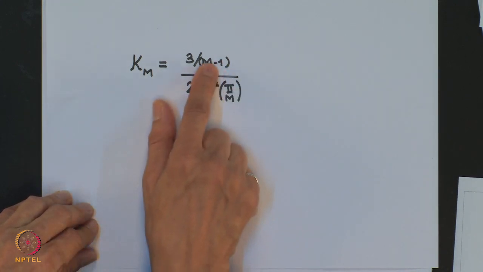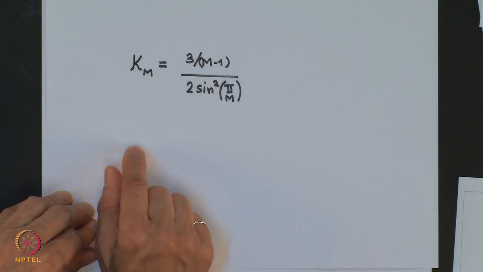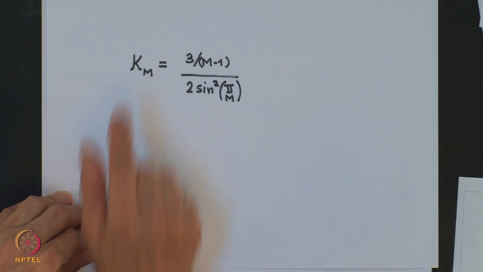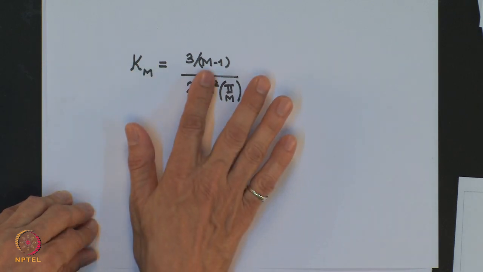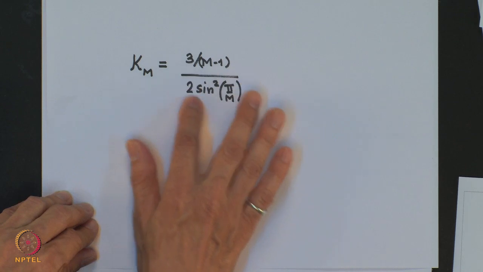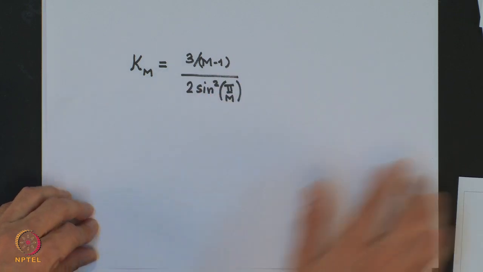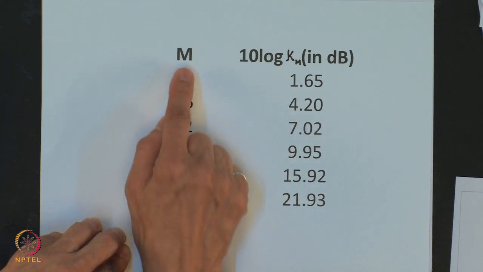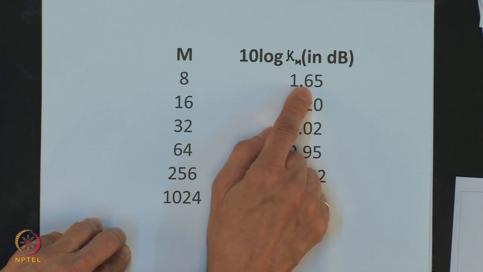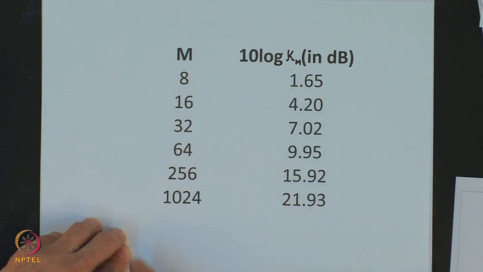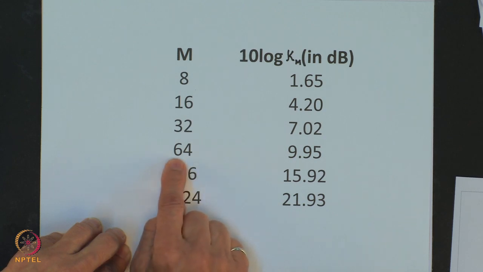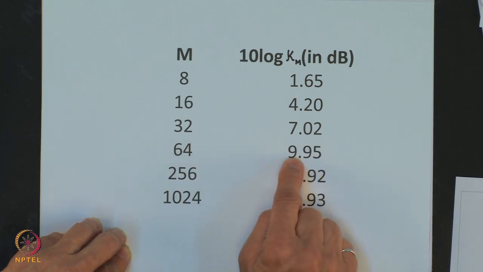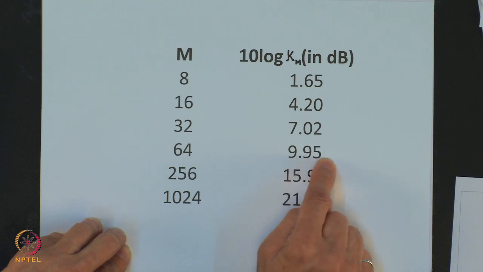However, when M is larger than 4, it is seen that Km will be greater than 1, which means that M-QAM yields better performance than M-ary PSK. So, the table here illustrates the signal to noise ratio advantage of M-ary QAM over M-ary PSK for several values of M. For example, 64-QAM has about 10 decibel signal to noise ratio advantage over 64-PSK modulation.